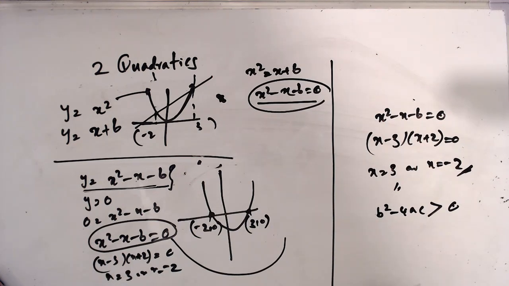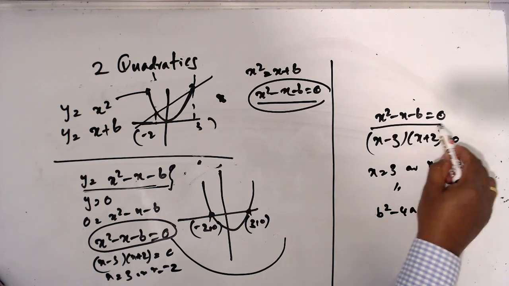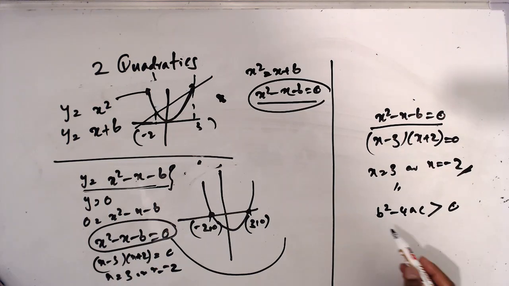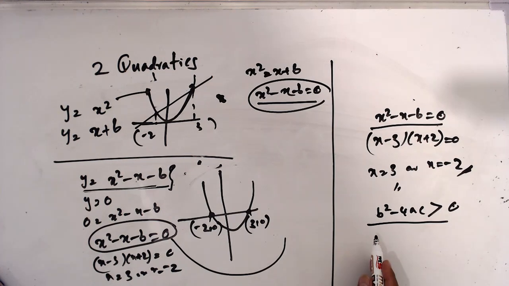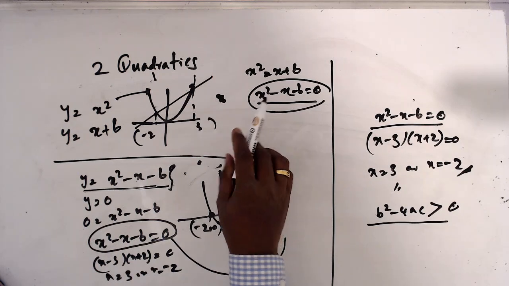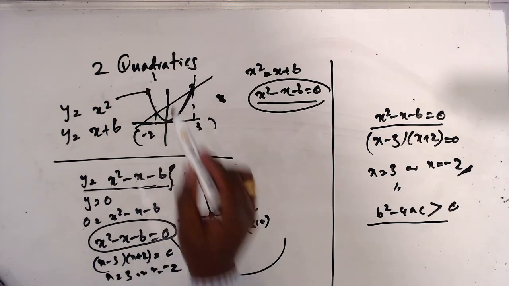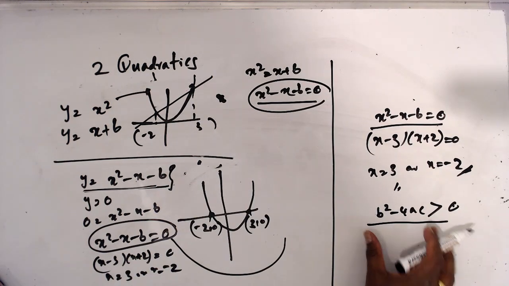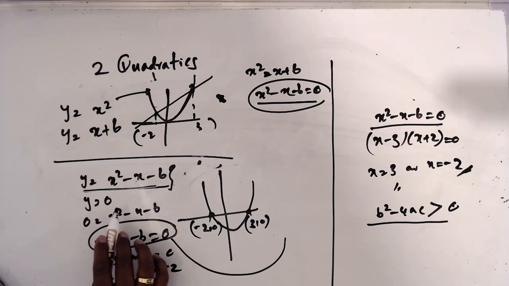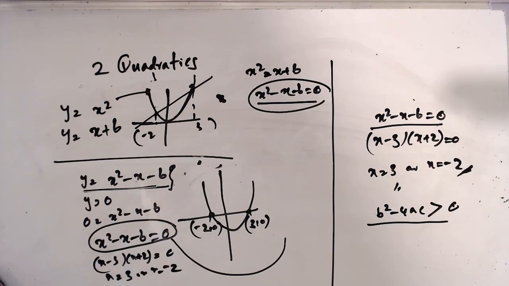Then what is the conclusion you can get from there? If we have a quadratic equation and b square minus 4ac is greater than 0, it means that you have two solutions, two intersection points, or two roots of a quadratic equation.